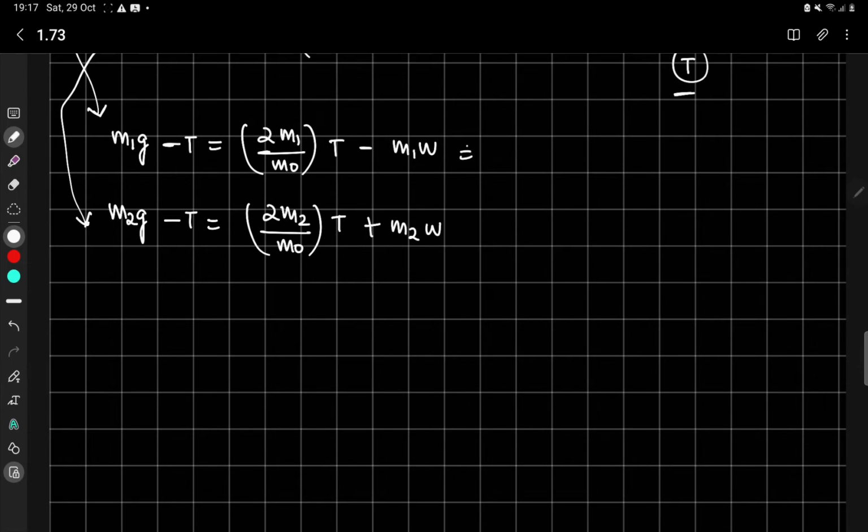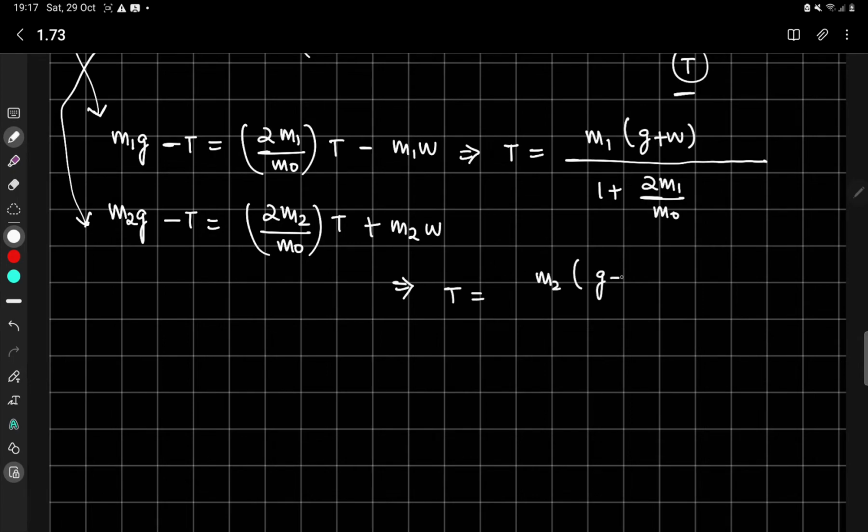So from here we can obtain tension force is equal to m1 times (g plus w) whole divided by 1 plus 2 m1 upon m naught, and from here we can write tension force is equal to m2 times (g minus w) whole divided by 1 plus 2 m2 upon m naught.